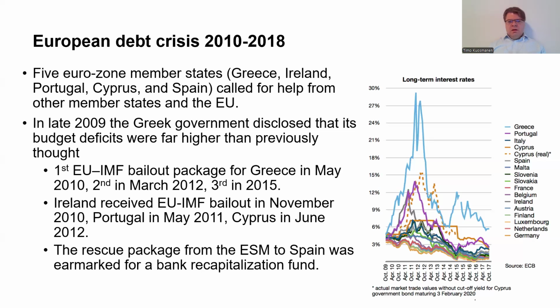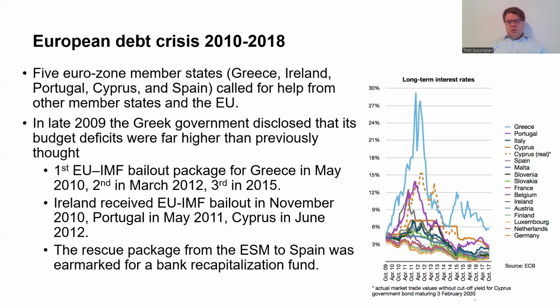First it was Greece, but then this problem spread, and these credibility issues led to other Eurozone member states, and eventually Ireland, Portugal, Cyprus, and Spain also had to call for help from the other member states of the monetary union and the EU.